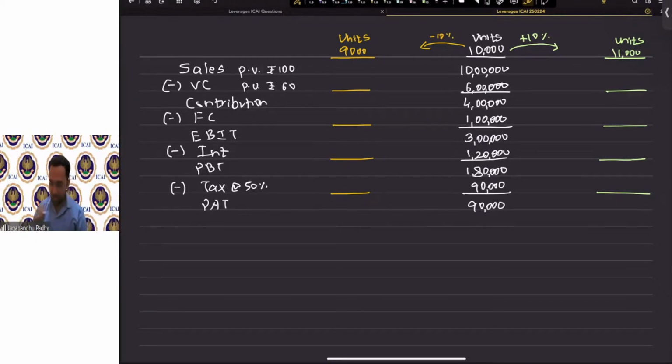Okay, let me just put it. So for 10 lakh, sales has increased by 10%. Since you're selling 11,000 units, the sales will become 11 lakh. Variable cost will be 6 lakh 60,000. Contribution will be 4 lakh 40,000.